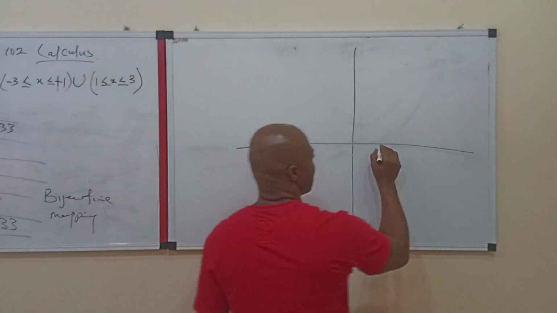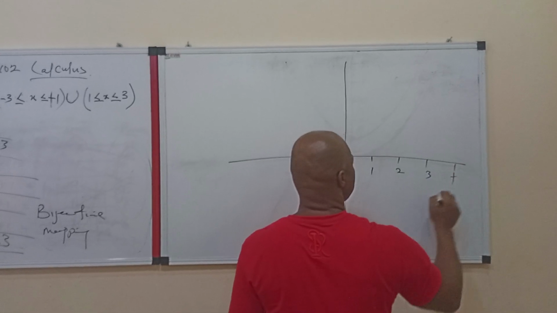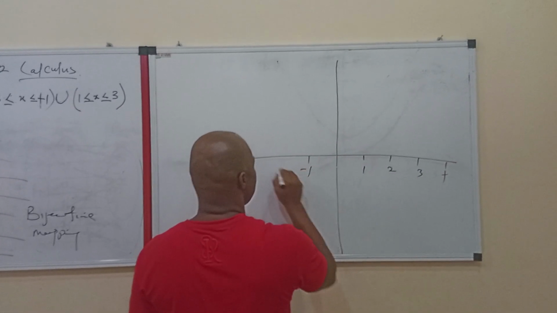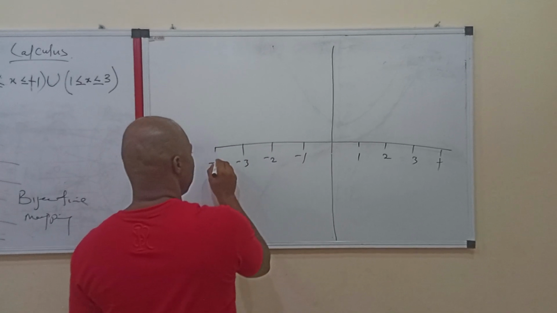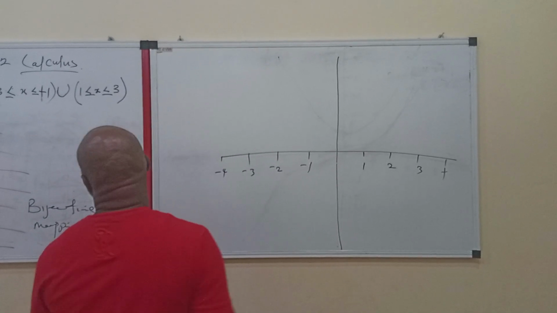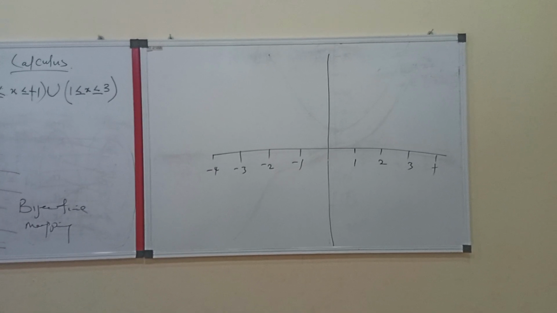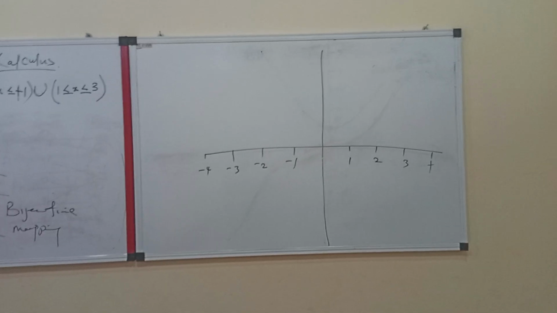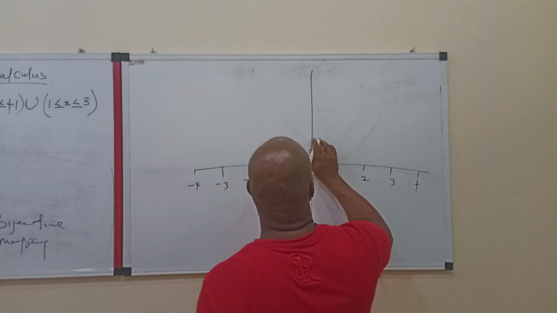So this side let's say is 1, 2, 3, 4. Then this one will be minus 1, minus 2, minus 3, then minus 4 for this side. Whereas this side, the biggest number we have is 1, and the smallest number we have is that. So this one, the biggest number is 1.